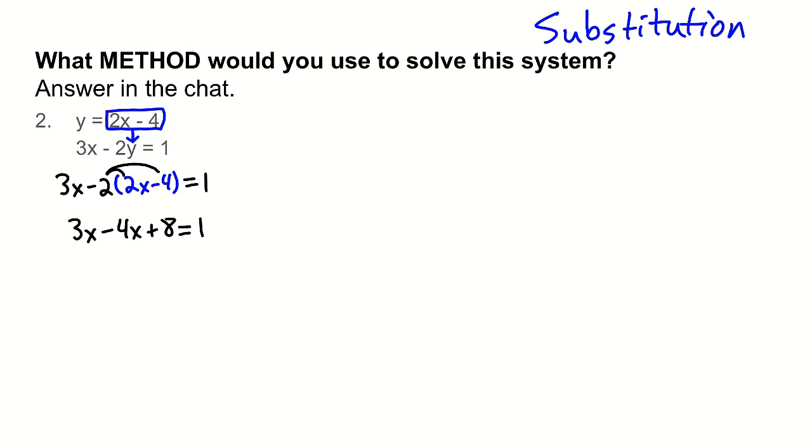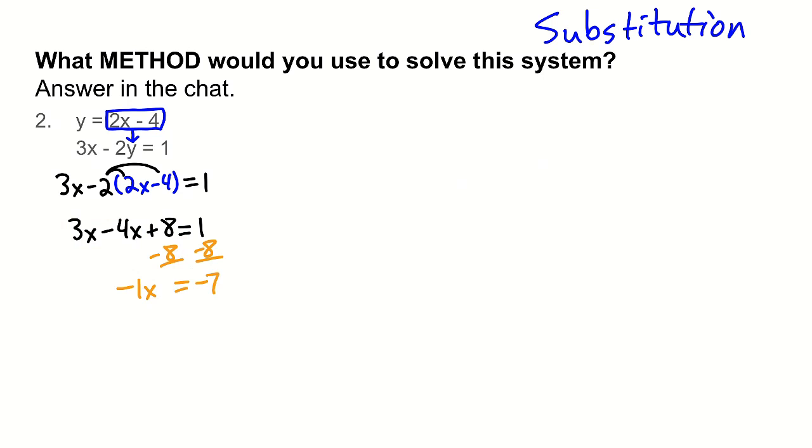I'm going to combine these two terms, and I'm going to subtract 8 at the same time, okay? And it's okay if you do that. When you combine these two, you get negative 1x. This makes a 0, so negative 1x is equal to negative 7.